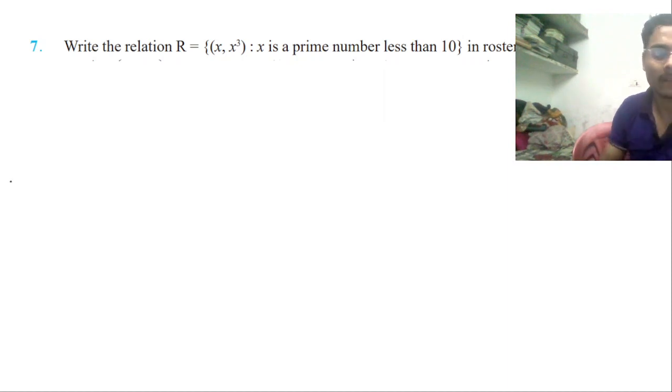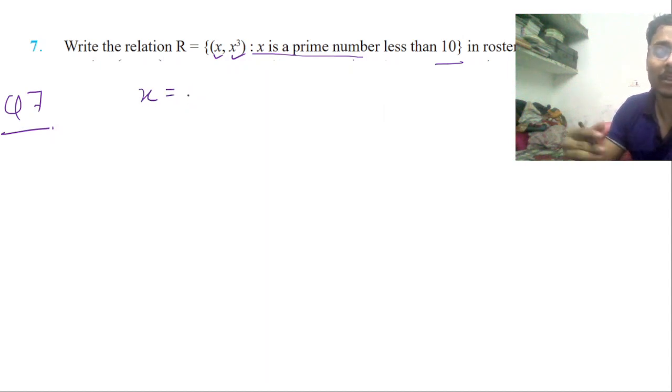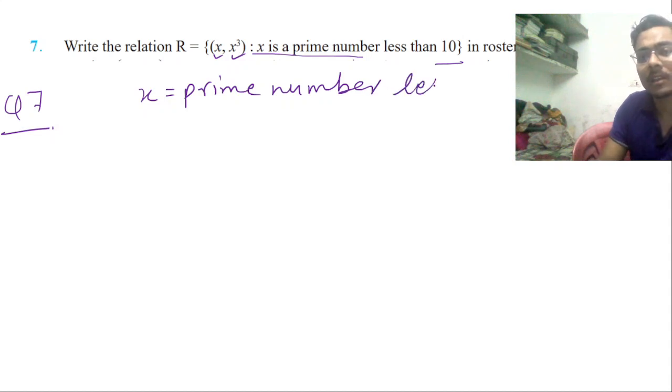Coming to question number 7 of this exercise. They are saying x and x cube, where x is a prime number less than 10. So we will first write the possible values of x, which are prime numbers less than 10.